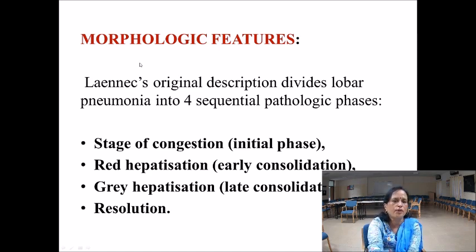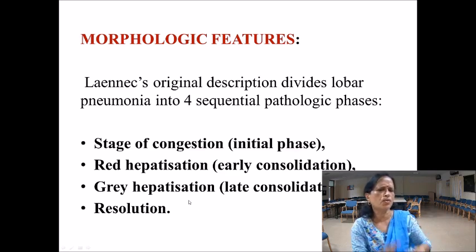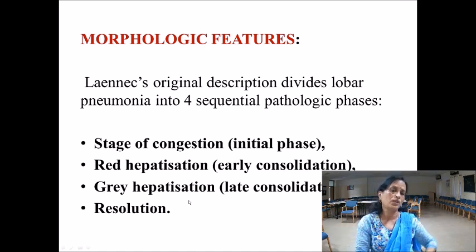Okay. So morphological features: Laennec's original description divides lobar pneumonia into 4 sequential pathological phases. What are they? Stage of congestion is the initial phase. Red hepatization is early consolidation. Grey hepatization, resolution. So this is an example where, during repair, we used to tell students, this is one condition when resolution occurs, so the lung is totally restored back to its normal structure.